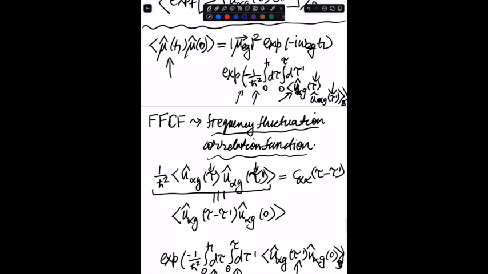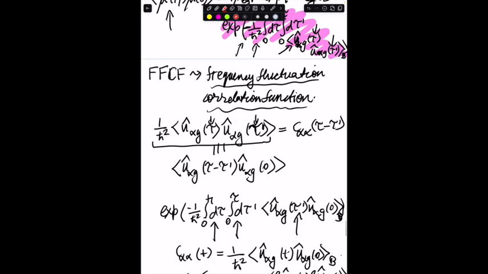the viewer to prove that this quantity which is highlighted in pink is equivalent to this quantity which is highlighted in red, where the correlation function just depends on one time argument, and here it's dependent on two time arguments. That can be proved using this property, that you have your correlation function with these two time arguments, and then it can be recast as follows.